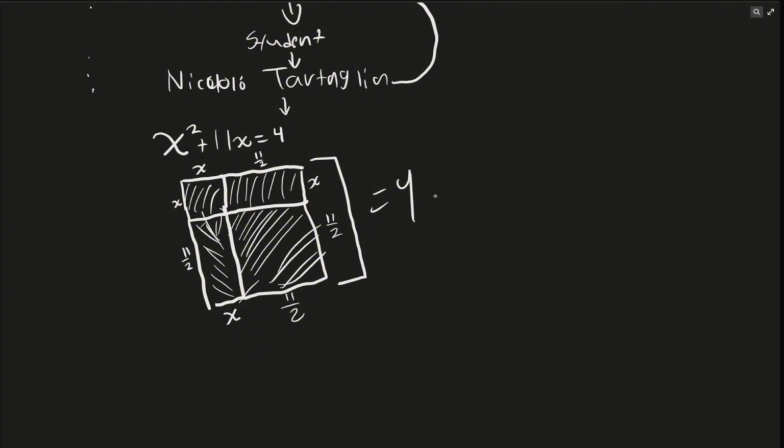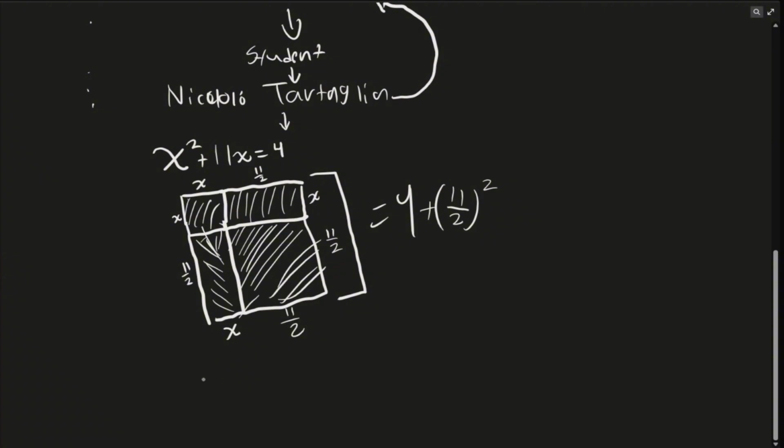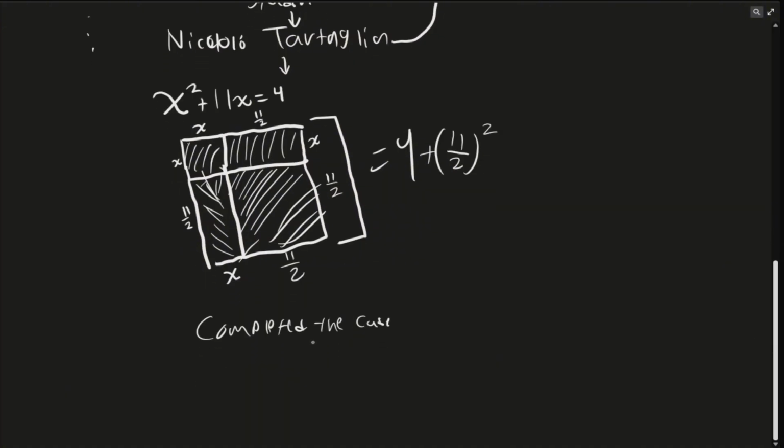And because it's an equality, we have to add this to this side. So now we have completed the cube. It's a very complex thing that requires 3D visualizations, which I don't have. There's a great Veritasium video that goes into the whole thing in depth.